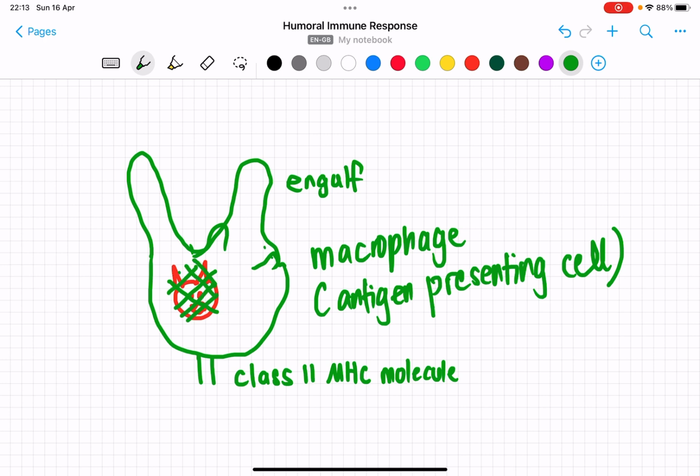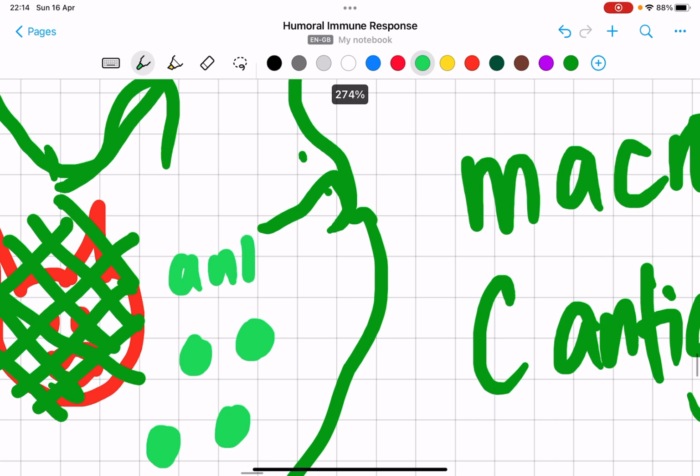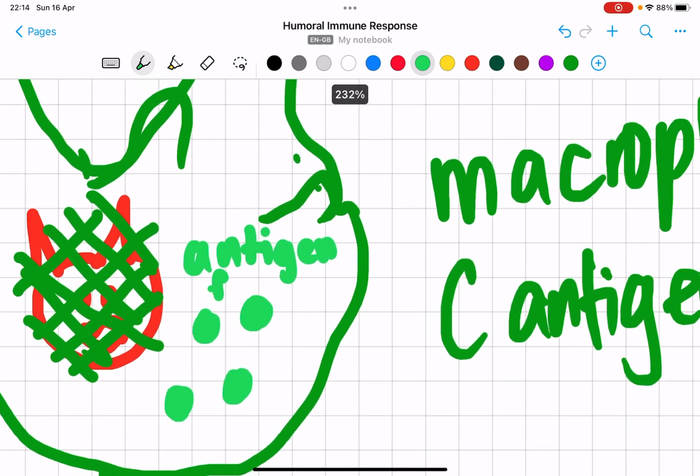Basically, we're going to cut the pathogen, and the pathogen is going to produce small fragments that we call antigen fragments.